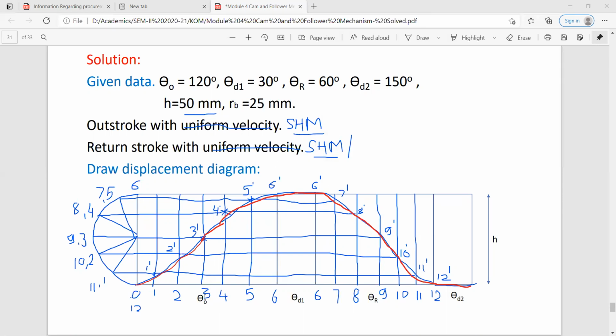You are right that the angle of return is less, but we are not drawing it proportionally lengthwise. We are just keeping this h strictly as 50 mm, because when you transfer these distances at equal intervals on the cam profile, that will be reflected on the cam profile.